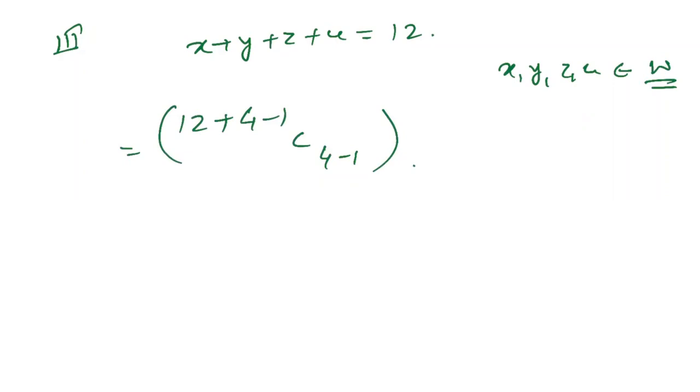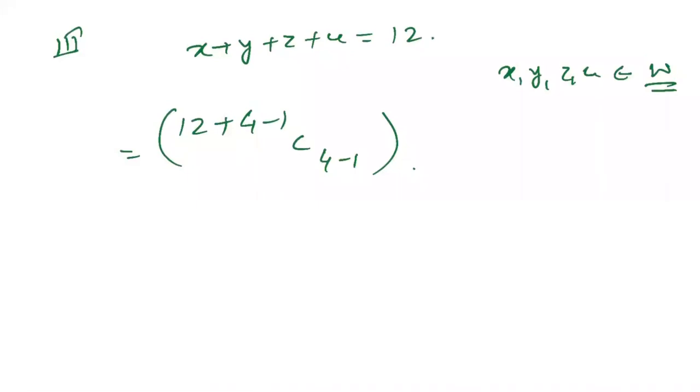Directly you can write down your answer: 12 plus 4 minus 1, C, 4 minus 1.